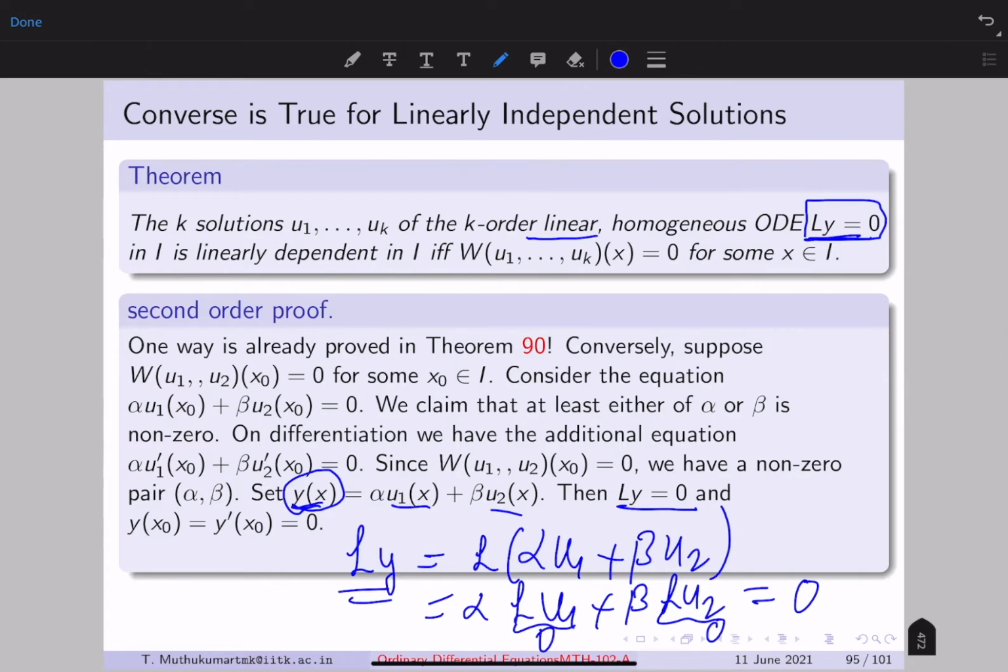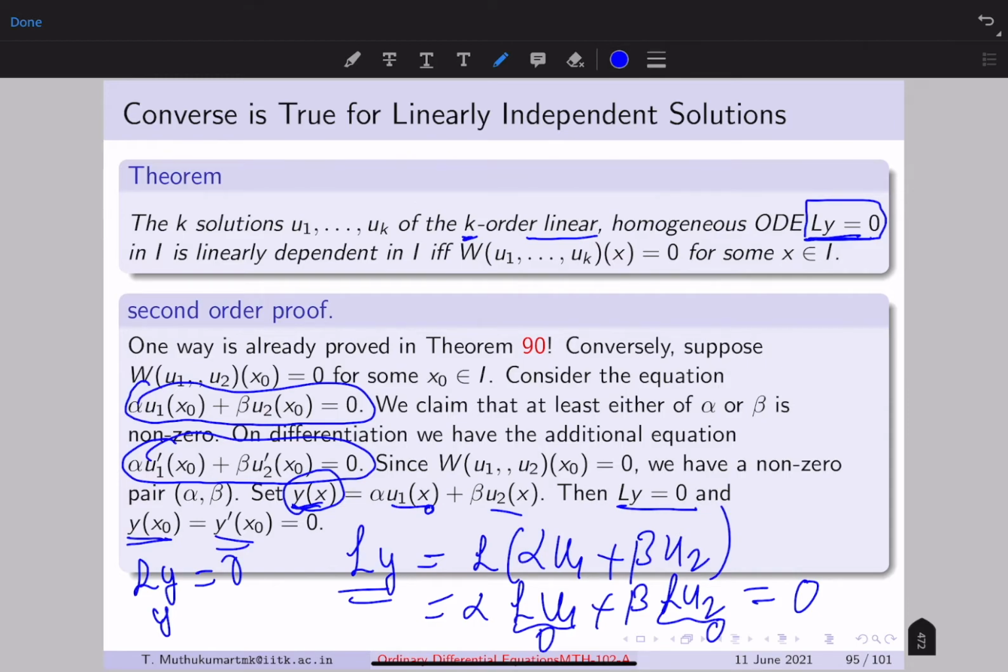But in addition, you also know y of x naught. You replace x naught here, and y of x naught is this, which is 0. Similarly, y prime of x naught is this, which is also 0. So y is a solution to the initial value problem Ly equal to 0. L is second order, because we have taken k equal to 2 in this case.